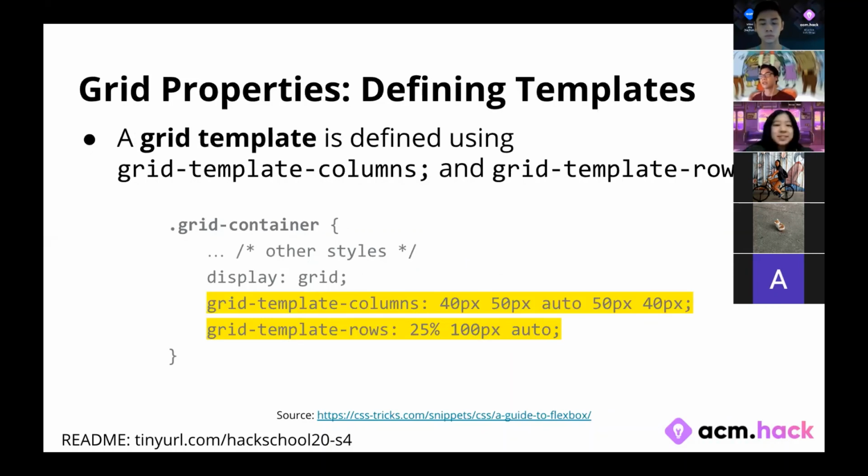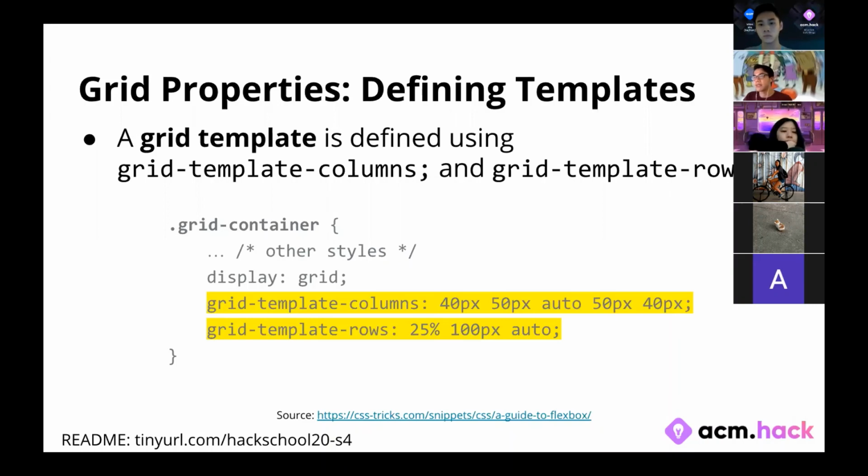So you're outlining how many rows and columns your grid container is going to take. The way we do this in grid is by defining two properties: grid template columns and grid template rows. For each of them, they take space-separated values, and each value specifies how much length or height that column is going to take.